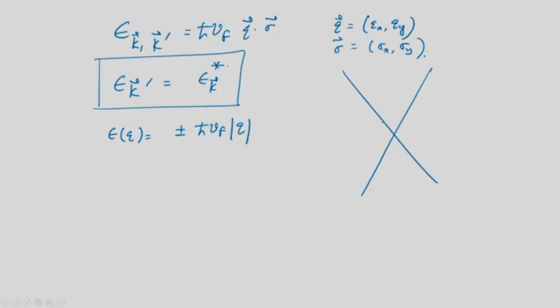Because there is a mod of q, you get a conical kind of dispersion, and it looks like relativistic photons, but of course we are not talking about photons, we are talking about electrons, and that is why these electrons are called massless Dirac electrons or Dirac fermions.